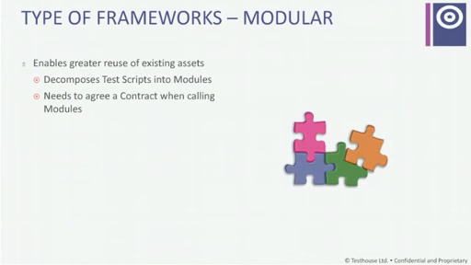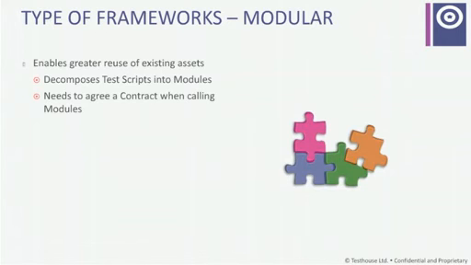So in terms of frameworks, there are 3 main types we can see. One is called modular. The idea is to have the ability to reuse what you developed from one test to another. So basically, you're creating components of your test. You're dividing your tests into reusable components or modules.